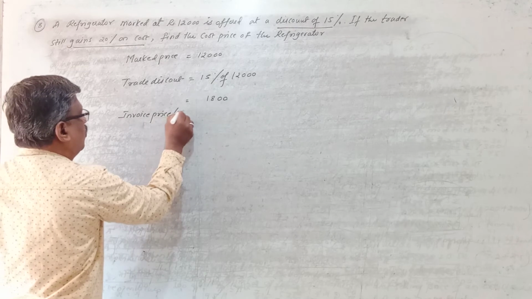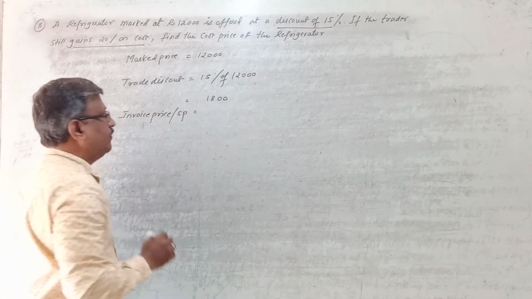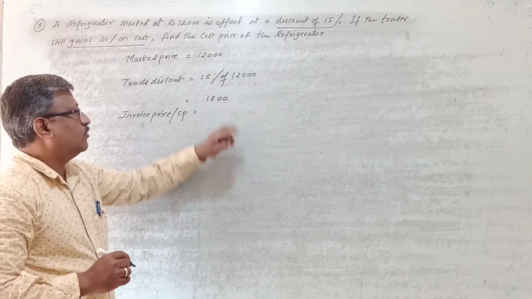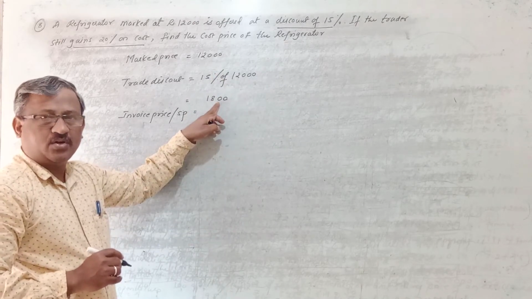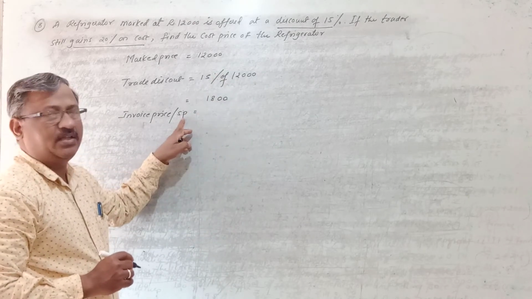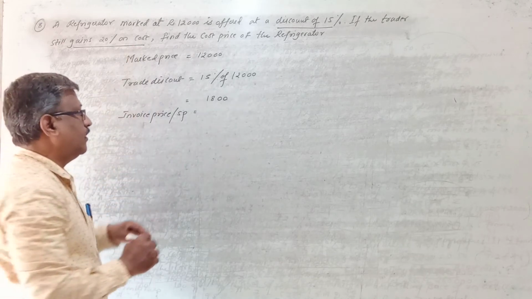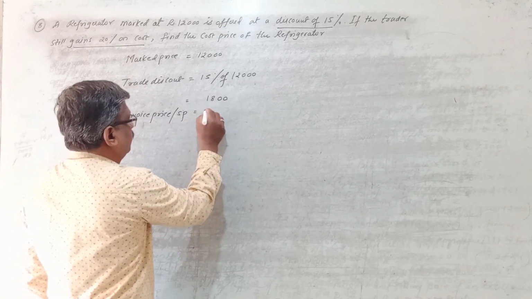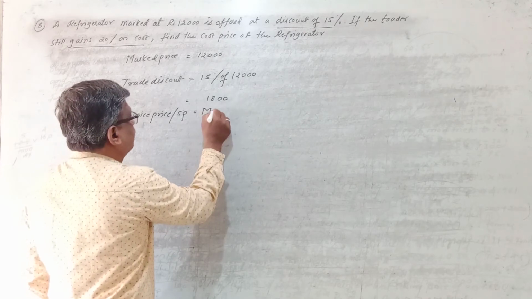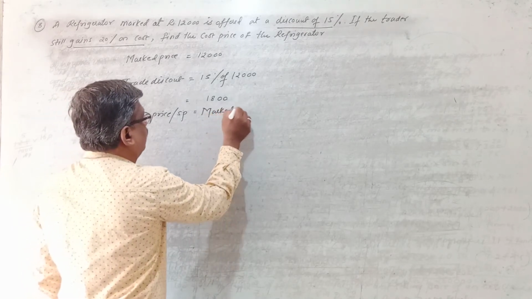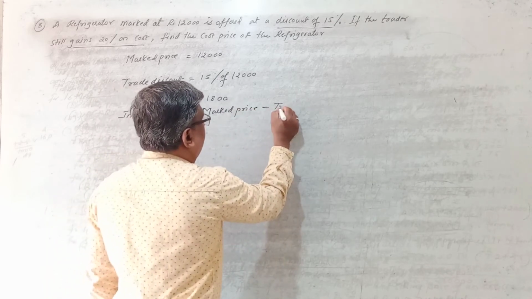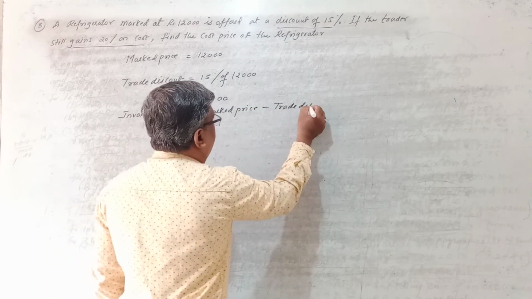So if discount is 1,800, find out what should be the invoice price. This invoice price itself is now called the selling price, because there is no cash discount. After giving only one discount of 1,800, he is selling that refrigerator. So invoice price or selling price is equal to the mark price minus the trade discount.